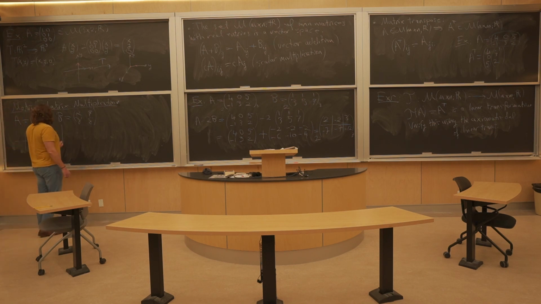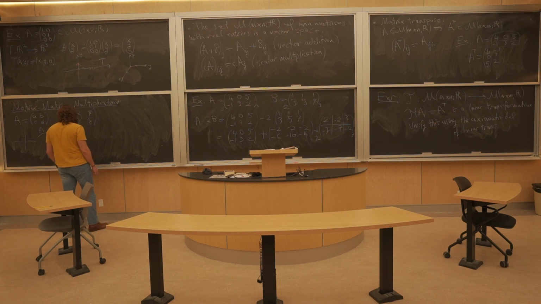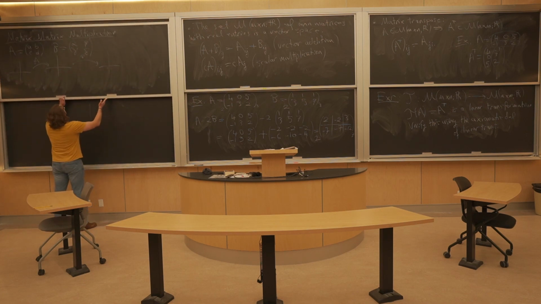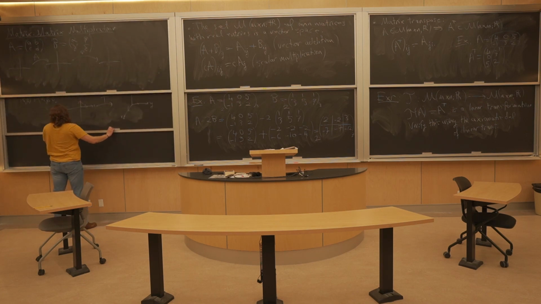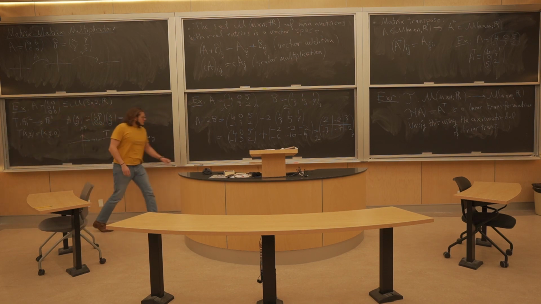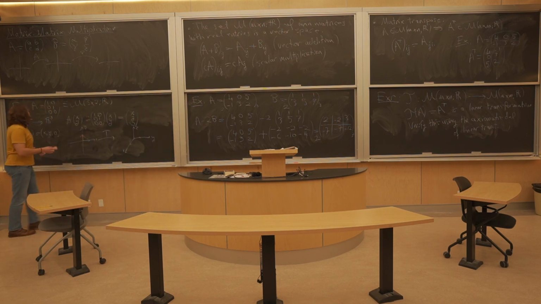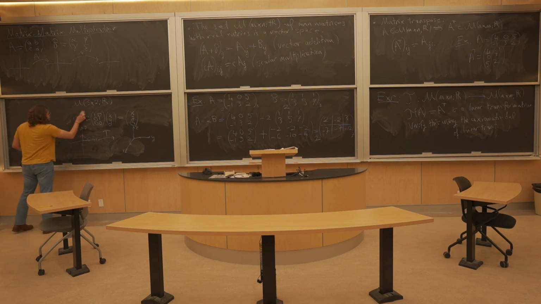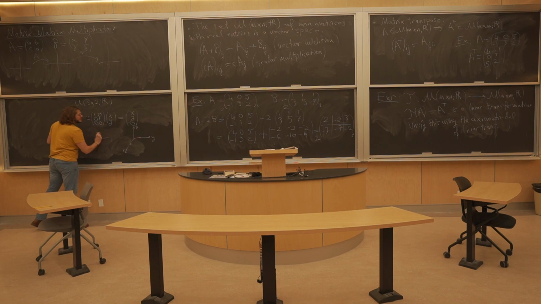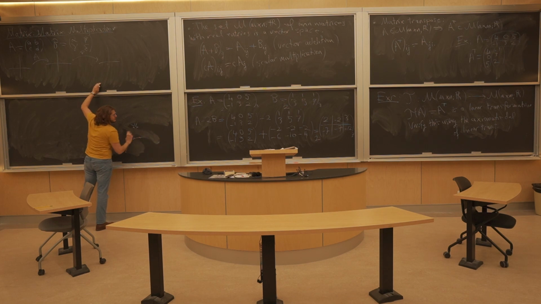So first, let's say I apply A to get some other point on the plane, and then I apply B. Let's say that the coordinates of this plane are x and y, just to be more explicit about what is going on, and the coordinates of this plane are u and v.